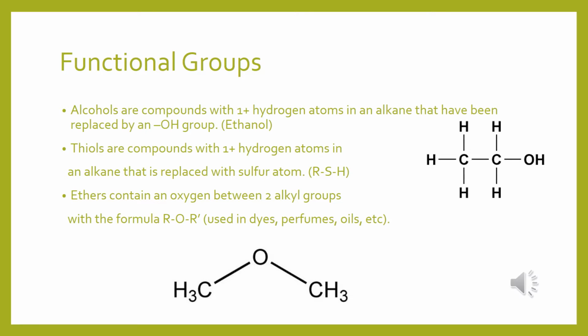Alcohols are compounds with one or more hydrogen atoms in an alkane that have been replaced by an OH group, such as ethanol. Thiols are compounds with one or more hydrogen atoms in an alkane that are replaced with a sulfur atom. Ethers contain an oxygen between two alkyl groups with the formula ROR, and these are usually used in dyes, perfumes, and oils.